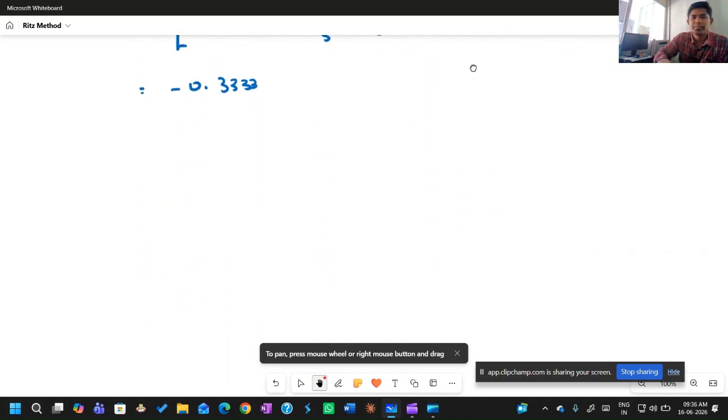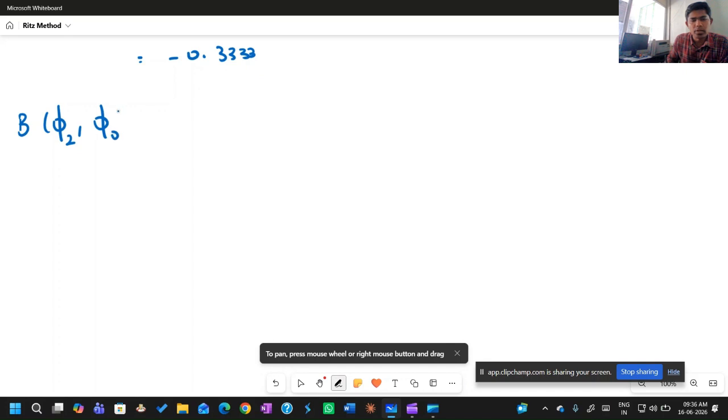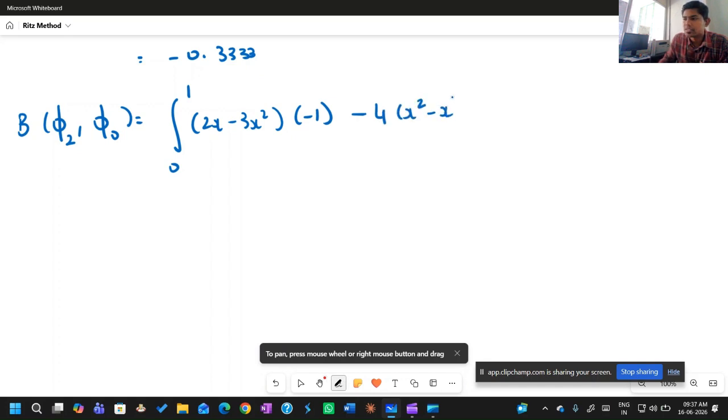And similarly, the next one, the bilinear function of pi2 comma pi naught. So here we will be getting the integral from 0 to 1 of (2x minus 3x square) into minus 1 minus 4 into (x square minus x cube) into (1 minus x) dx.